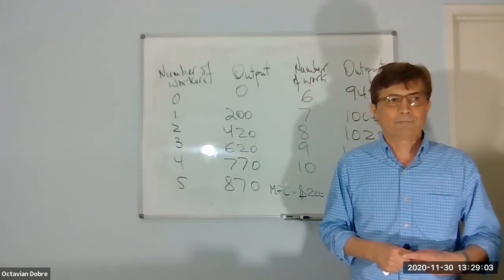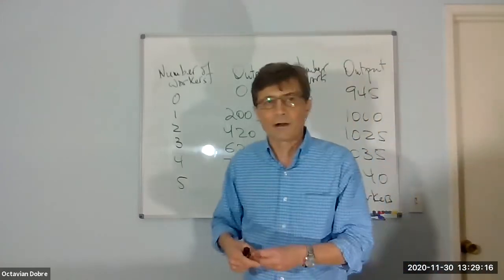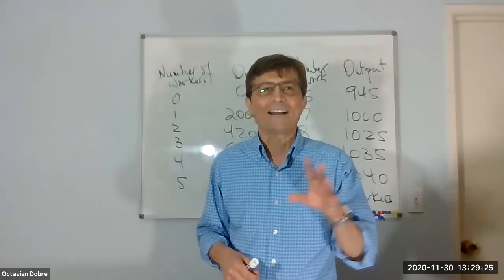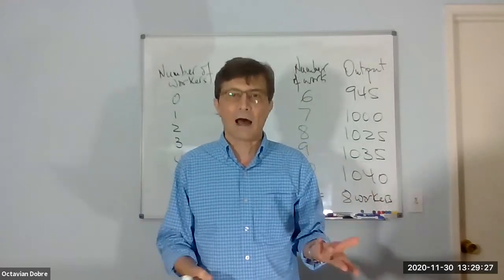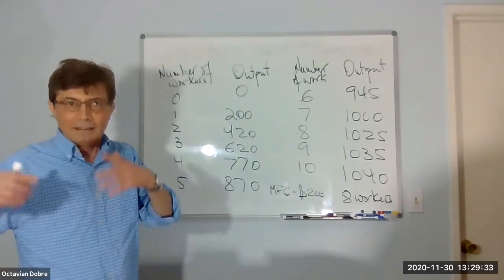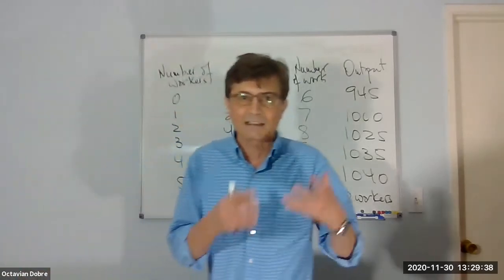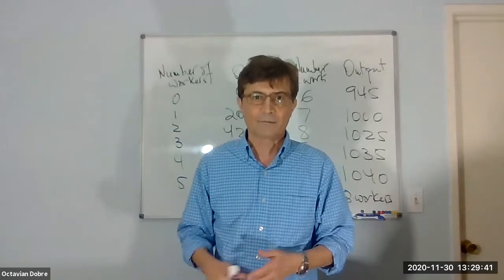What's the price? $5. Right, $500 divided by 100 units. You're absolutely right, it's $5. Because they contribute 100 units, and if that represents $500 in terms of revenue, that means that the price of a unit must be $5.